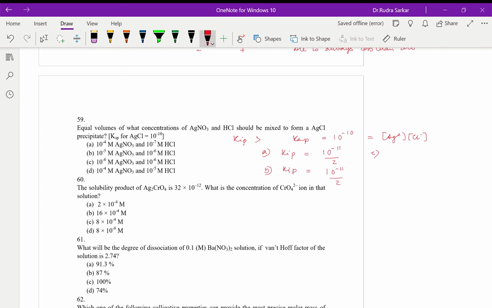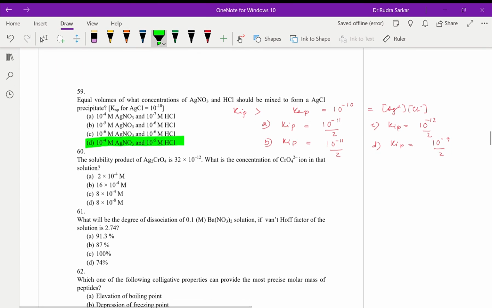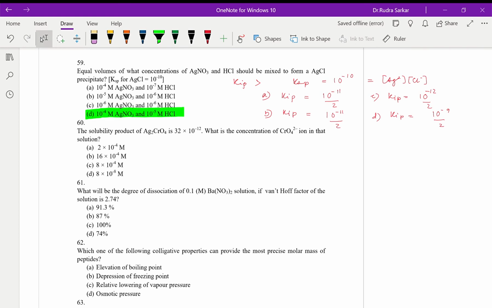For C, it will be Kip 10 to the power minus 12 by 2. Again, no precipitation will occur. For this one, it will be Kip 10 to the power minus 9 by 2. Yes, in this case, the Kip is greater than that of the Ksp, and hence under this condition we will say the precipitation will occur.